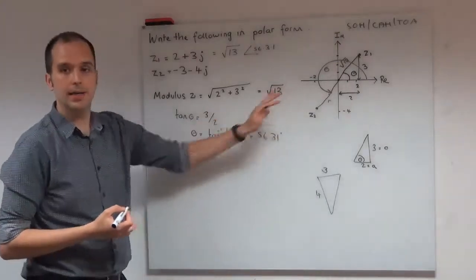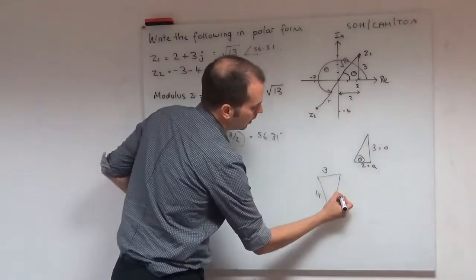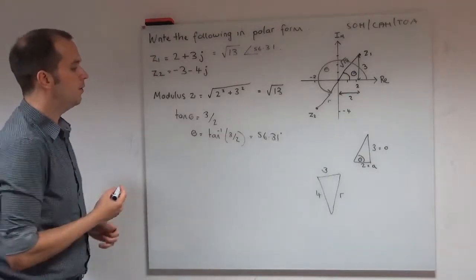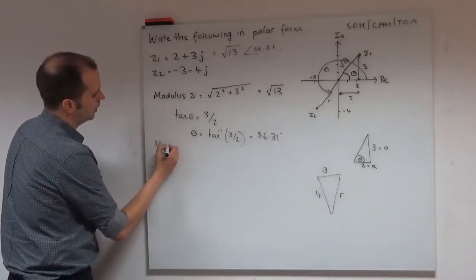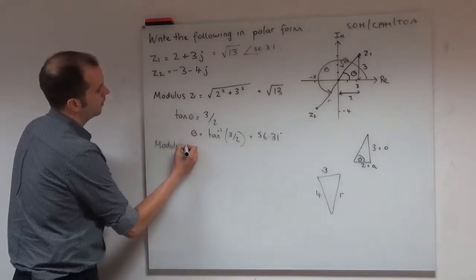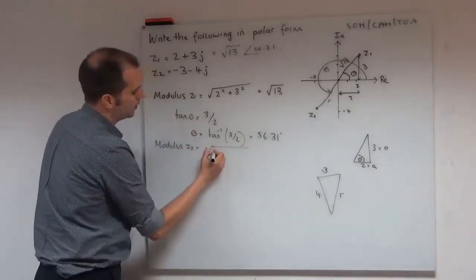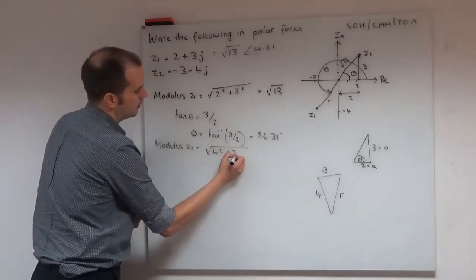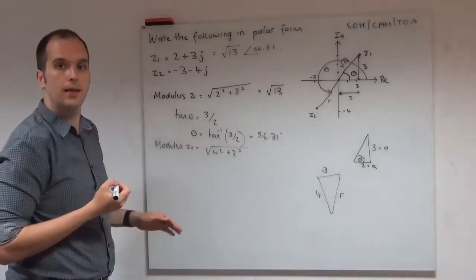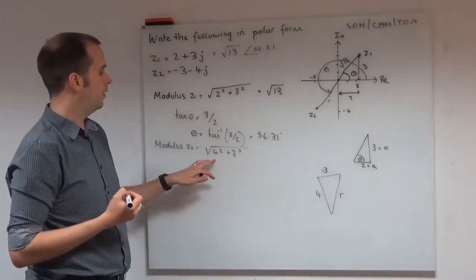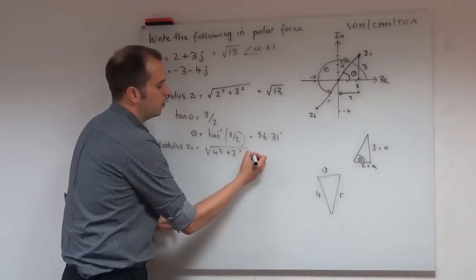I won't worry about the minus signs for now. And that's our r. So again, using Pythagoras, I can say the modulus of Z2 is going to be the square root of 4 squared plus 3 squared. Now 4 squared is 16, 3 squared is 9, so 16 plus 9 is 25.